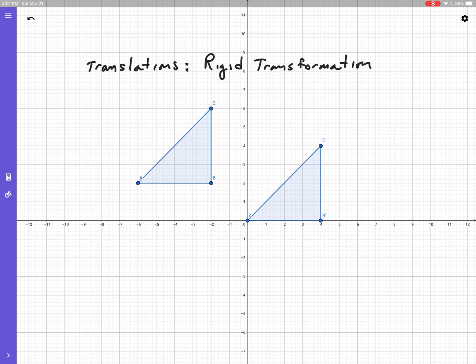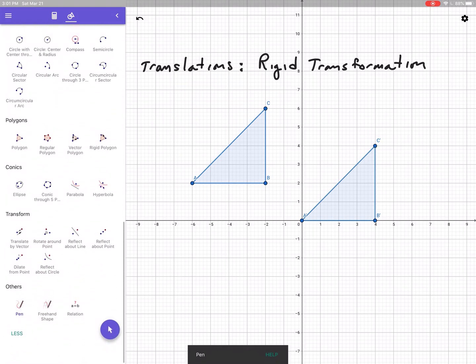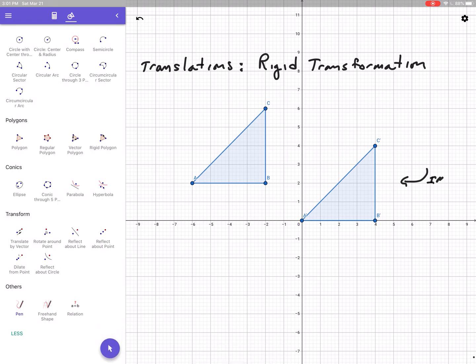Now, those hash marks are called primes. What do they denote? Well, very basically, this right here with the primes is the image, where we end up. The one that we started with is called the preimage.